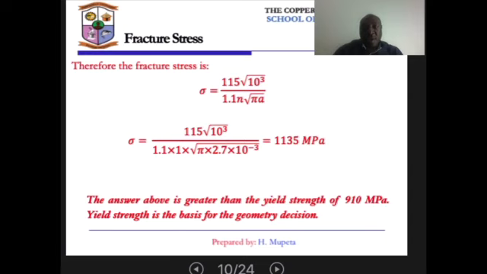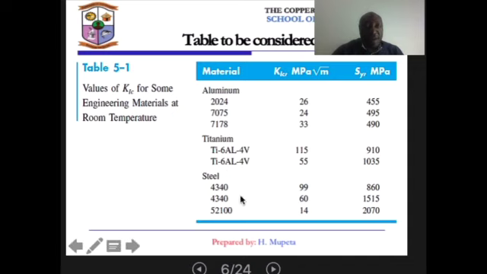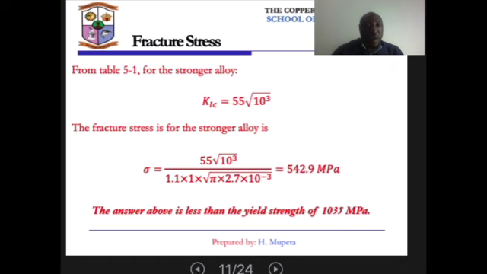We are now going to consider the fracture toughness of the stronger alloy. From the same table 5.1, for the stronger alloy, the fracture toughness is 55, and so we replace that 55 into our equation to find the fracture stress.